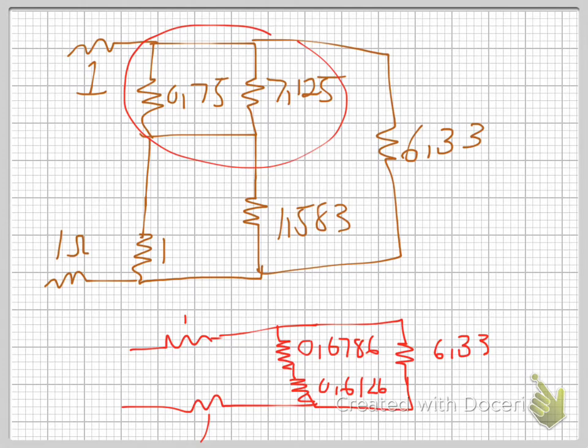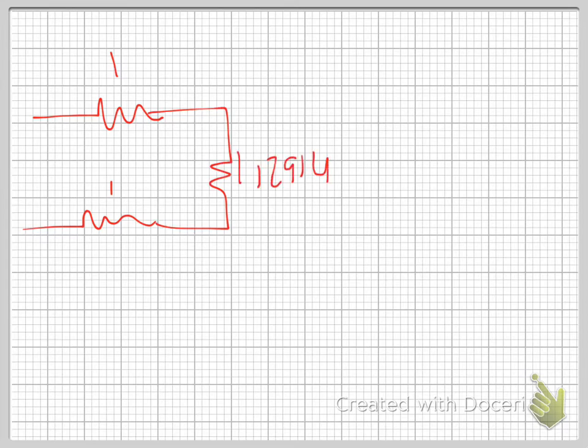So then the addition of these two in parallel actually is equal to 1.2914. Okay. So you got a 1 ohm there, you got a 1 ohm there, you got a 1.2914, and you got a 6.33.